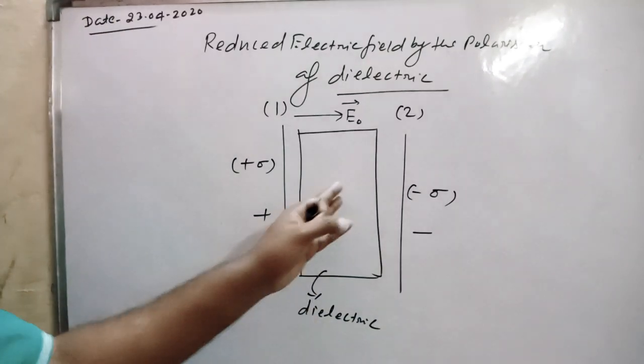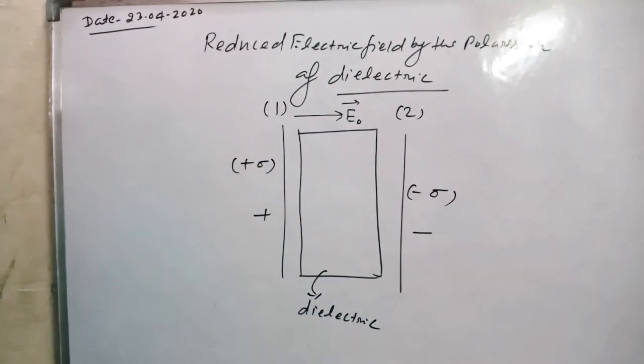If we place the dielectric in an external field, then the dielectric is polarized. That means all negative charges come to the left side, opposite to the field, and all positive charges come to the right side, in the direction of the field.